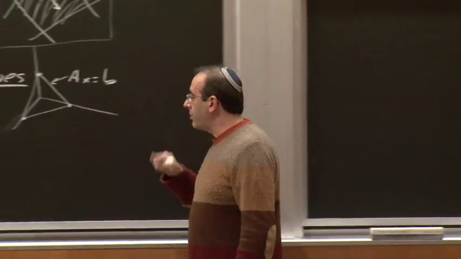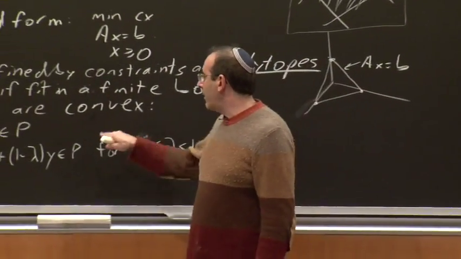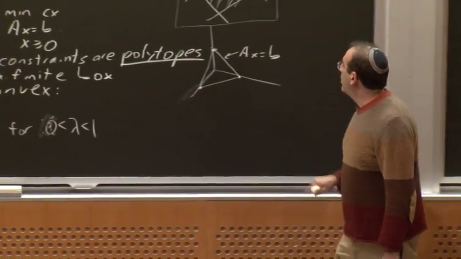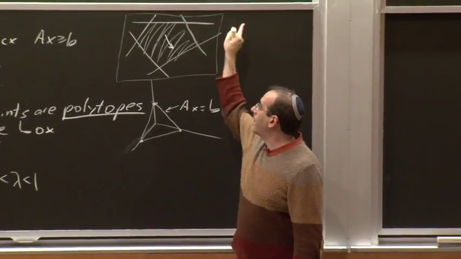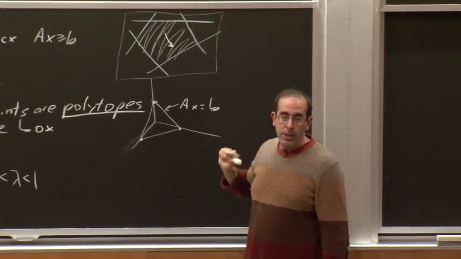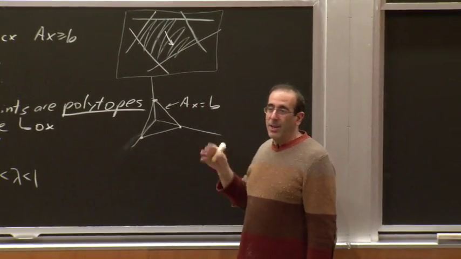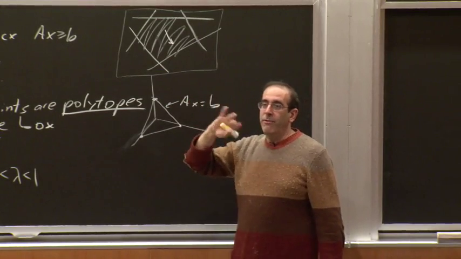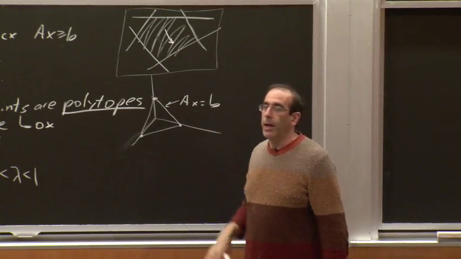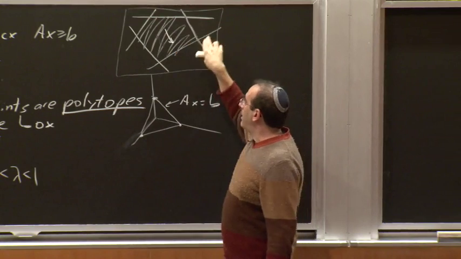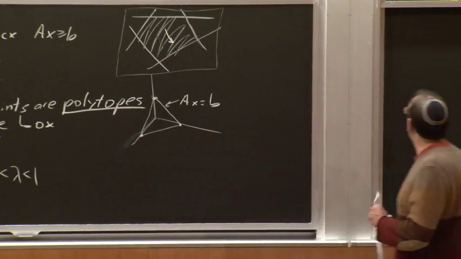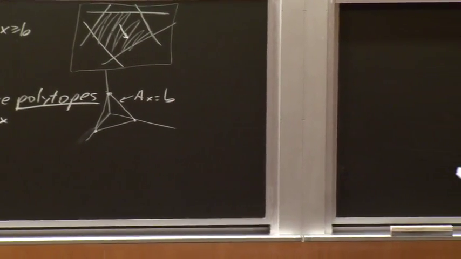In fact, you can also show the opposite: if you have a convex set, you can always create it by intersecting a bunch of these hyperplanes. If the convex set is curvy, then you have to use an infinite number of them. Whereas if it's nice and flat everywhere, then that corresponds to using a finite number of them.